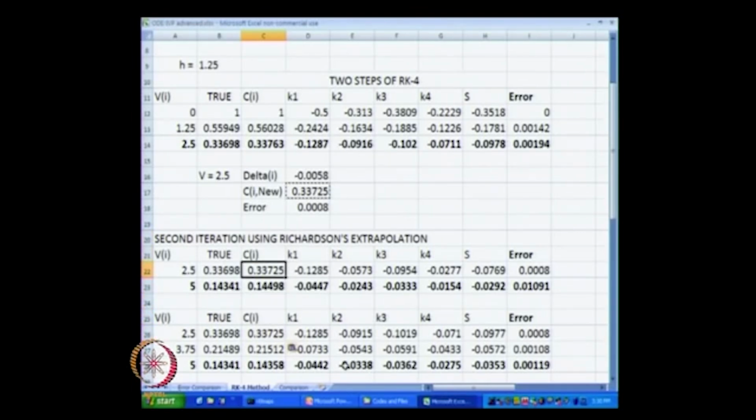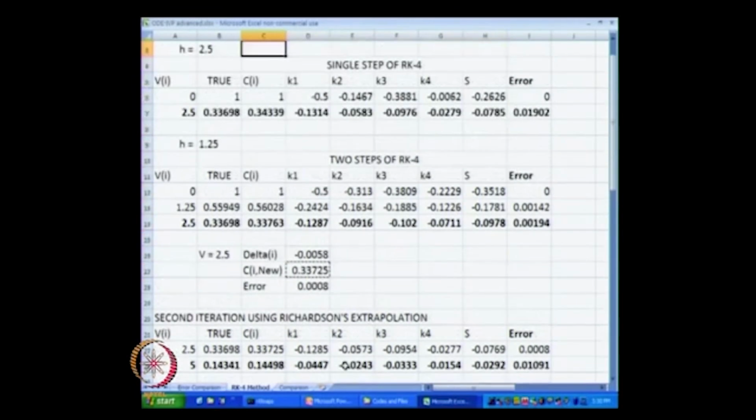So, in the second iteration using the Richardson extrapolation, keep in mind what we are not doing over here, we are not running the two RK4 methods independent of each other. We run the two RK4 methods once, we get the solution of Ci, numerically computed Ci here and here, we use these two numerical solutions in order to get the new Ci. This new Ci is more accurate than any of these two Ci's.